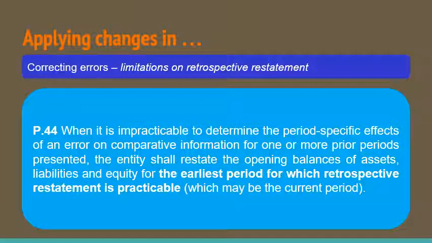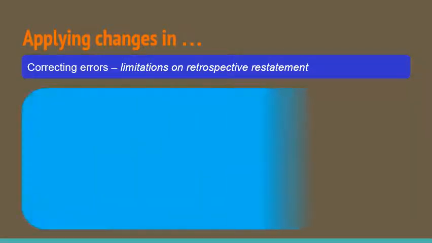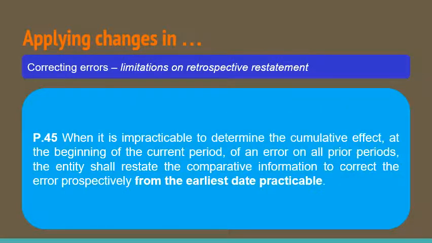That is paragraph 44. And in paragraph 45, it states that when it is impracticable to determine the cumulative effect at the beginning of the current period of an error on all prior periods, the entity shall restate the comparative information to correct the error prospectively from the earliest date practicable.